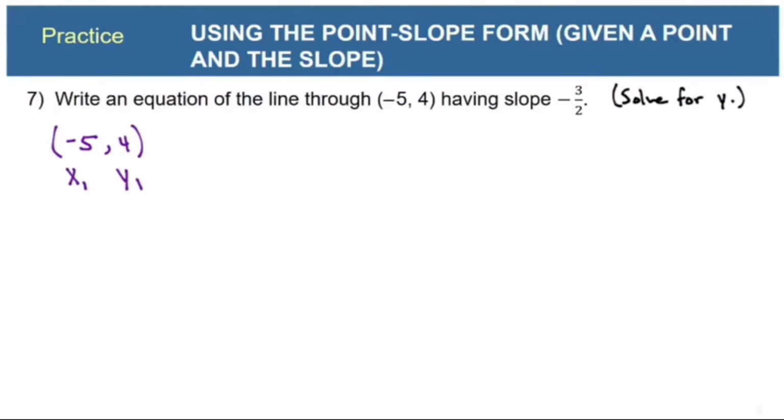The -5, 4 is our x1 and our y1, and the m is -3 halves. Now the point slope formula says y minus y1, so I have y minus 4, equals m, which is -3/2, times x minus x1. Now x1 is -5, so x minus -5 becomes x plus 5. Now remember, we want this solved for y.